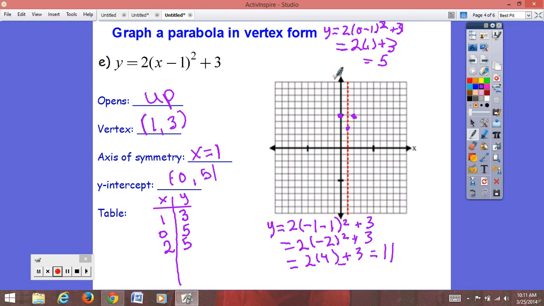So -1, 11 is right above that. And then we can flip that over. -1, 11. And also 3, 11.